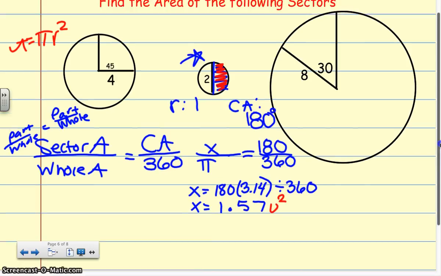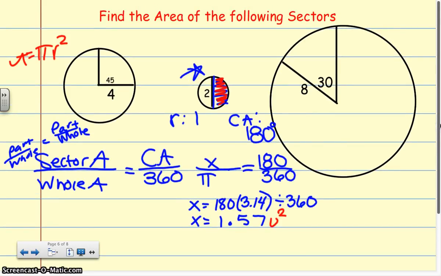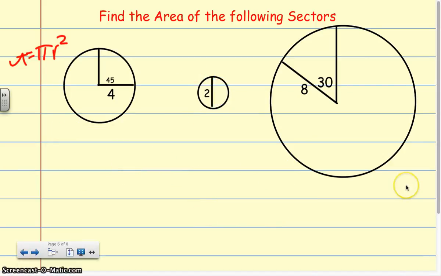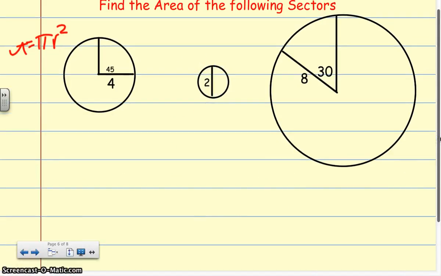All right, we're going to do this big old circle here. I want you to take a minute and try to set up the proportion. Okay, keeping in mind, what do I need? Eyes on the prize here. I need to know my radius. What else do I need? I need to know my central angle.